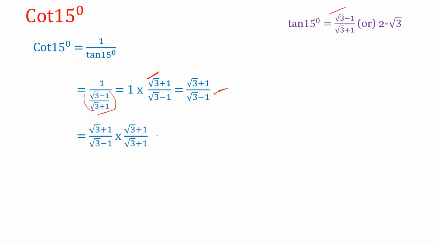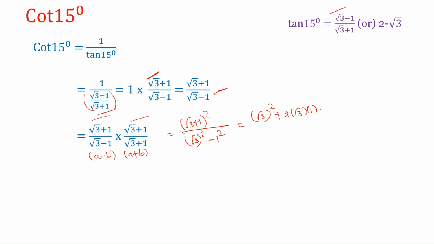Here it is like same terms, so this will become root 3 plus 1 whole square. This is again a minus b into a plus b, so this is nothing but a square minus b square. In the numerator, use the a plus b whole square formula, that gives a square plus 2ab plus b square, upon root 3 whole square is 3 minus 1 is 2.